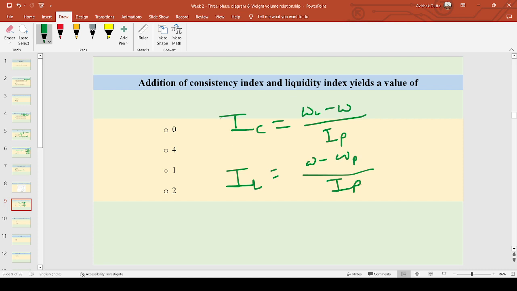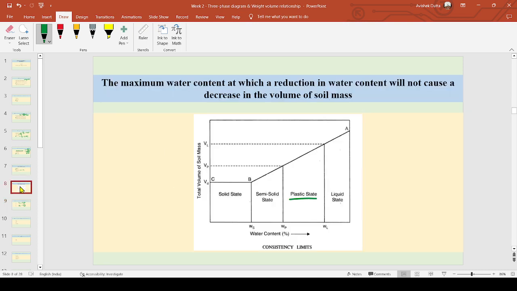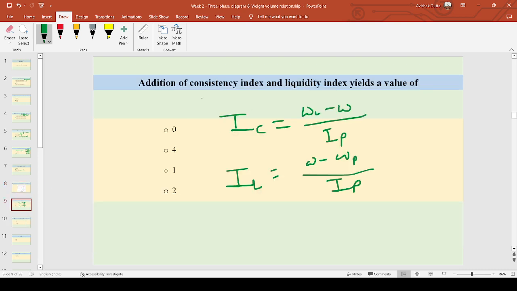Now if you look at the previous graph, IC is WL minus W. We are subtracting W from WL, that is how much it is deviating from the liquid limit that is being considered by the consistency index.